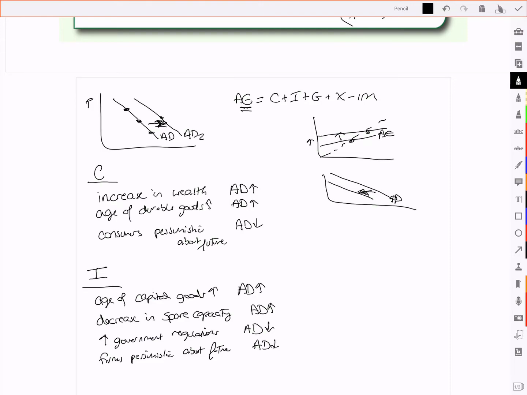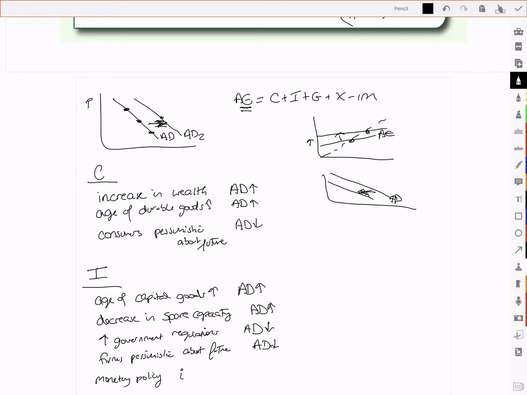Okay. And the last one that impacts investment spending is a change in monetary policy. So the Bank of Canada, our central bank, sets monetary policy, and part of that is a change in interest rates.